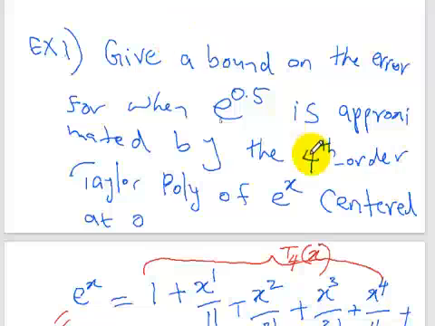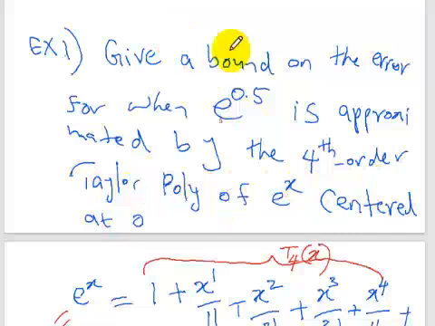Now we want to identify the order of the Taylor polynomial, the right order of the Taylor polynomial, so that when we approximate some function using the Taylor polynomial, the error stays within the bound.